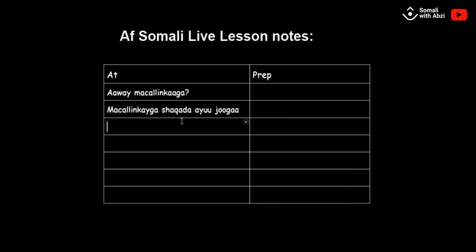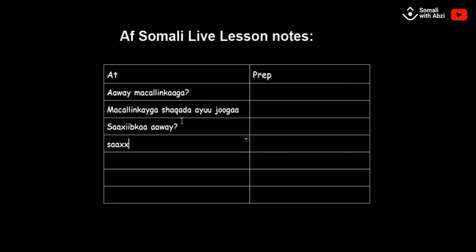Alright, now let's do another example. Let's say, where is your friend in Somali? We're going to say aaway, or let's start with your friend. Saaxiibka aaway. Like, where's your friend? And then let's say my friend is at the mosque. The mosque in Somali is masjidka or masajidka. But let's start with my friend.